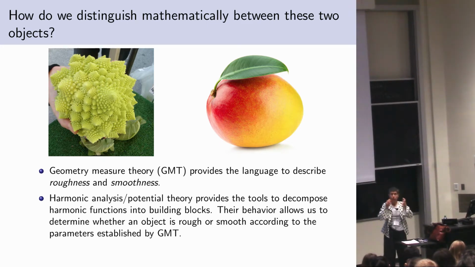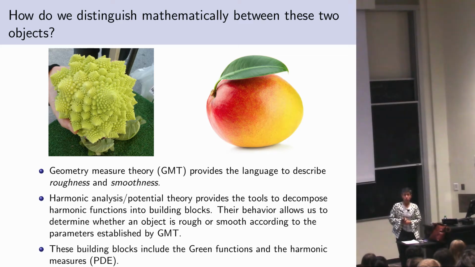I'm going to build the harmonic functions on them, and use the building blocks that come from there to determine whether the objects that I'm seeing are rough or smooth, according to what GMT told me was rough and smooth. And these building blocks that harmonic analysis tells me how to use are the Green's function and the harmonic measure that I described. So hopefully now you see why I did this introduction.